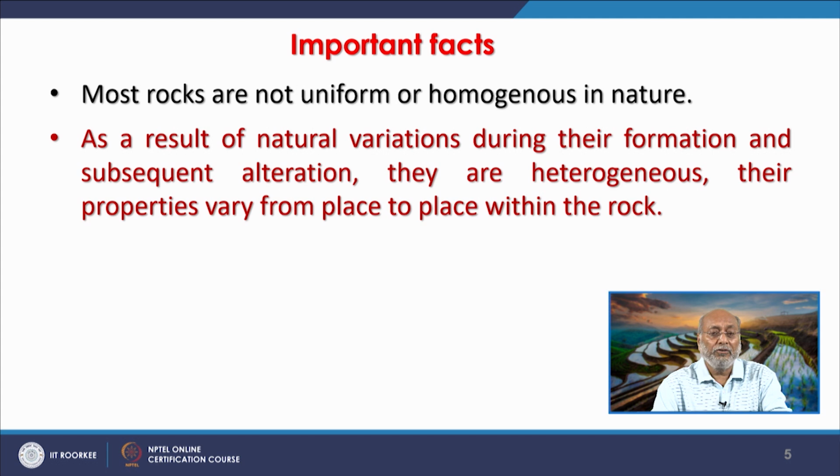Because of the non-uniform, heterogeneous character of rocks, the result of natural variations during their formation happens because different rocks are formed at different times and in different environmental conditions too, and therefore, these variations will also be there.